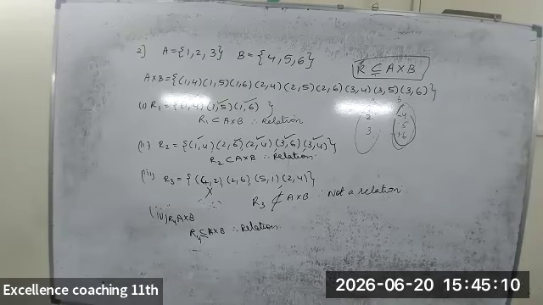Now the third one. A is given, B is given. So first you can find the Cartesian product.